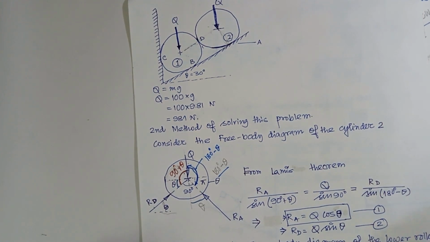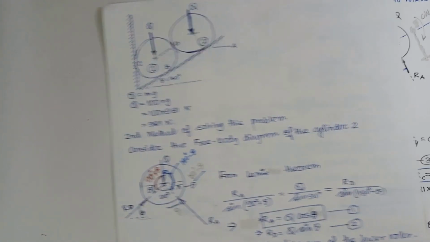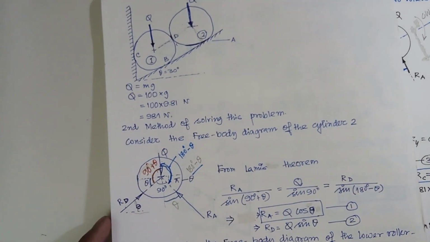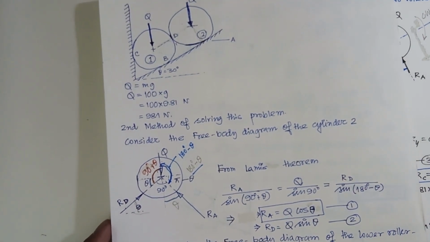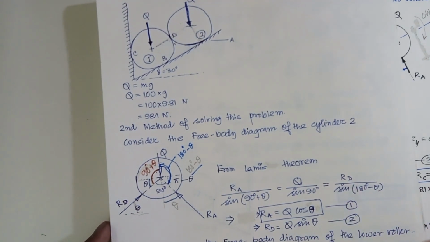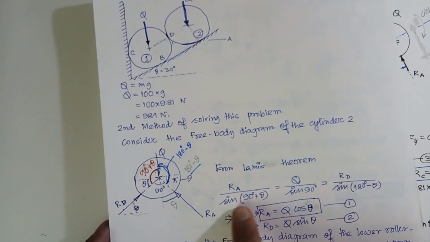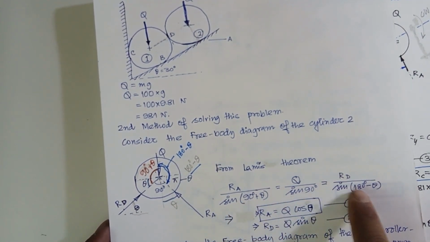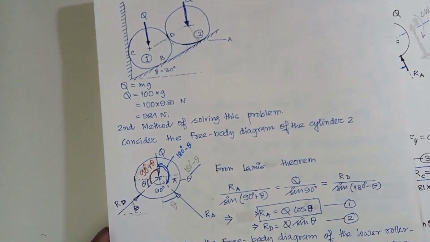Okay, so identification of the angles is very important for applying Lami's theorem. So first understand the geometry, determine the angles, then apply Lami's theorem. Lami's theorem, in that case it is very simple, but identification of the angles is very important.